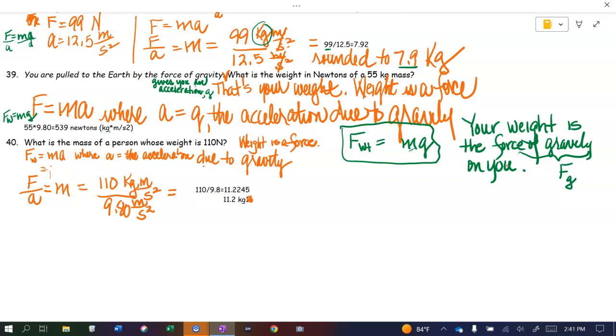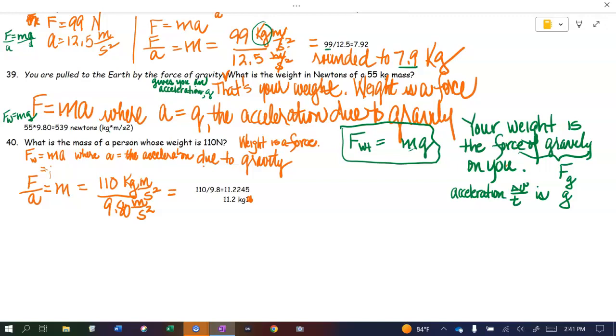So that's the force of gravity. The acceleration due to gravity is g. The acceleration, the change in your velocity over time, is g, due to the force of gravity on your mass.